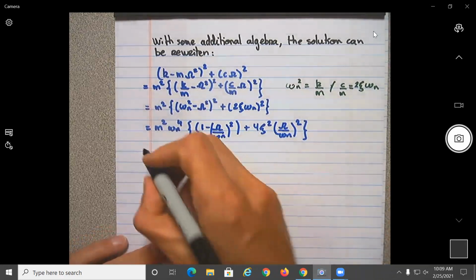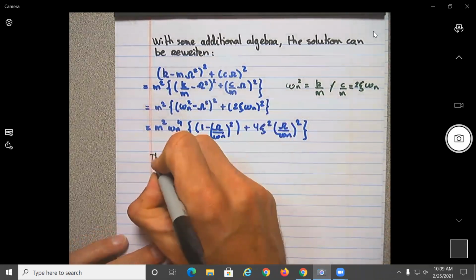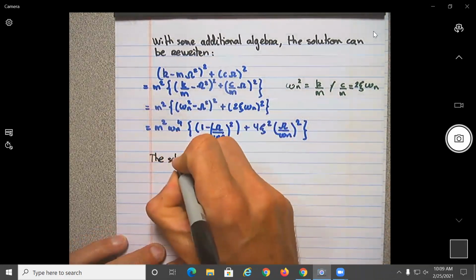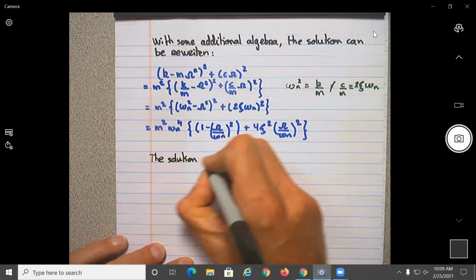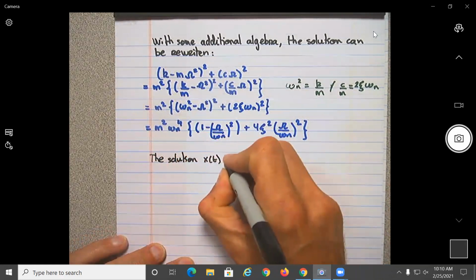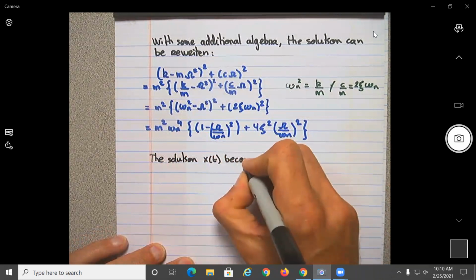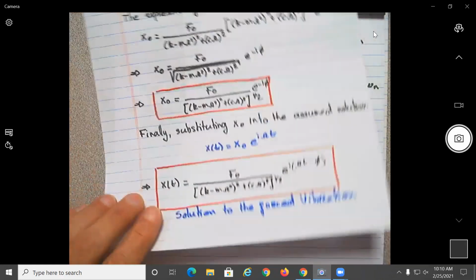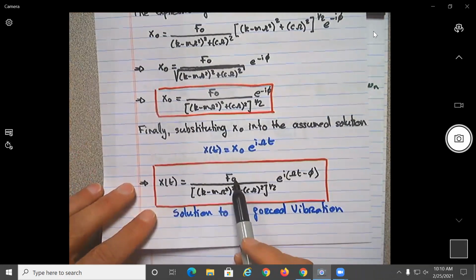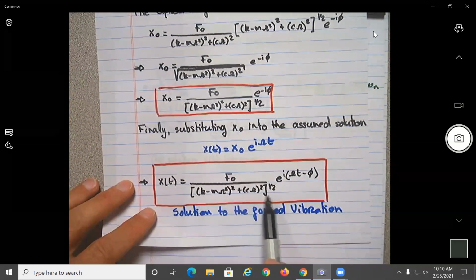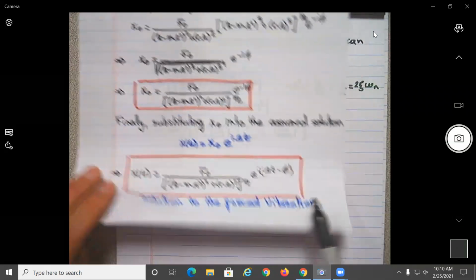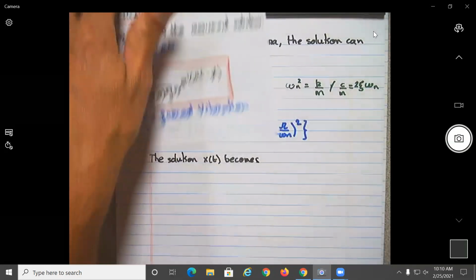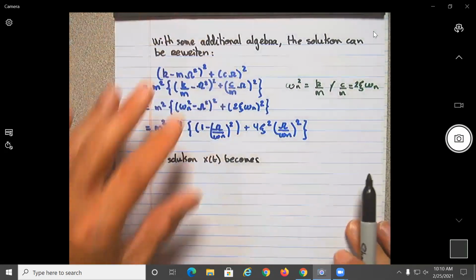Okay, so let's say the solution x of t becomes, I'm not going to write it, we have here this term, this one remains unchanged. This is the term that we just changed the notation for, the one on the denominator. So let's just replace it by this one over here. So this is going to give us what?